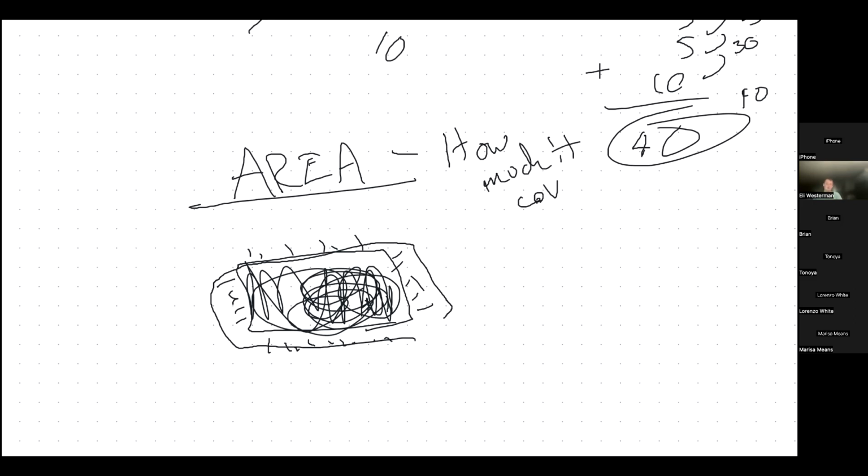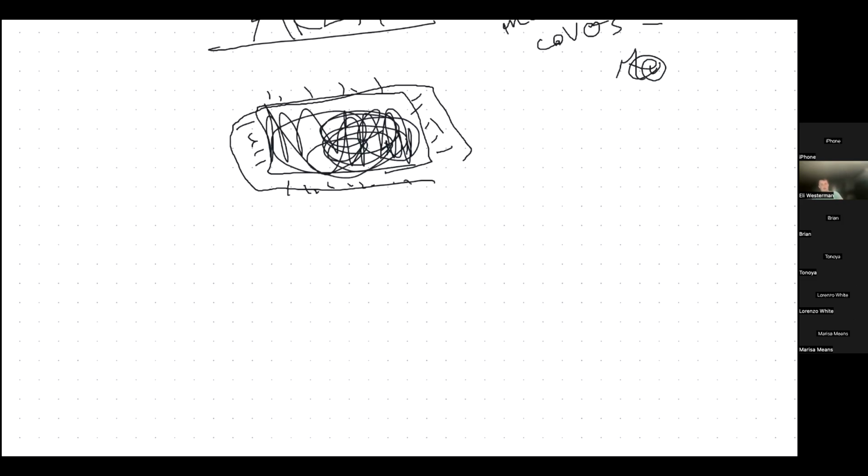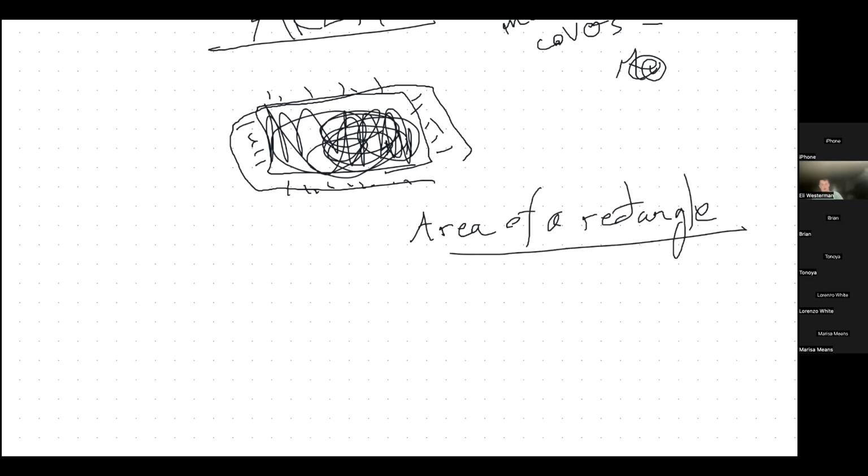So how do you find this? Well, instead of adding the sides, you multiply. Well, it depends. Let's first do area of a rectangle. What you need to do is multiply two sides.